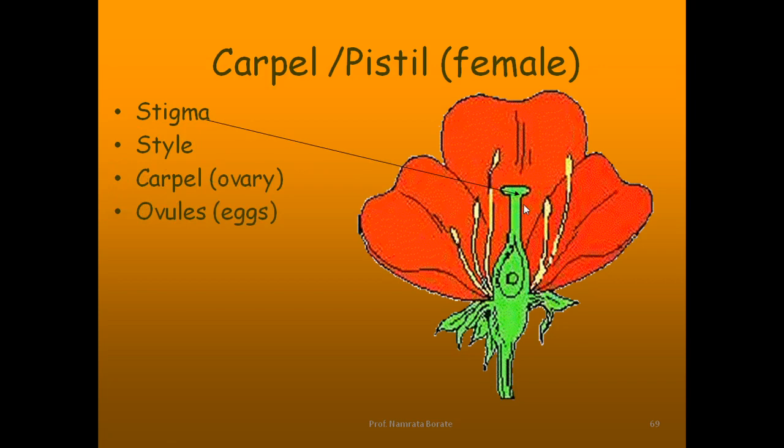So this indicates the stigma, second the style, next the ovary, and inside the ovary there are the ovules. There may be one or many ovules present in the ovary.